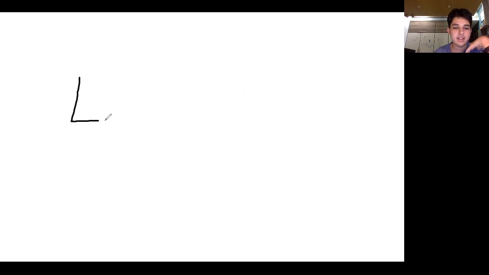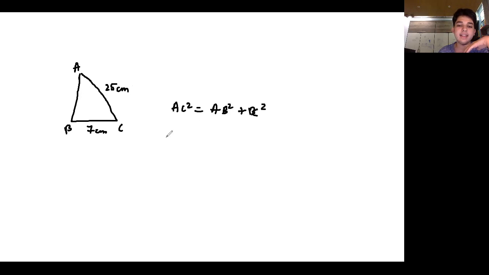So if I had another triangle like this, A, B, C again, and let's say I had this base side as 7 centimeters, and this side was 25 centimeters. All right, then you again would use your Pythagoras theorem, which says AC squared is equal to AB squared plus BC squared.